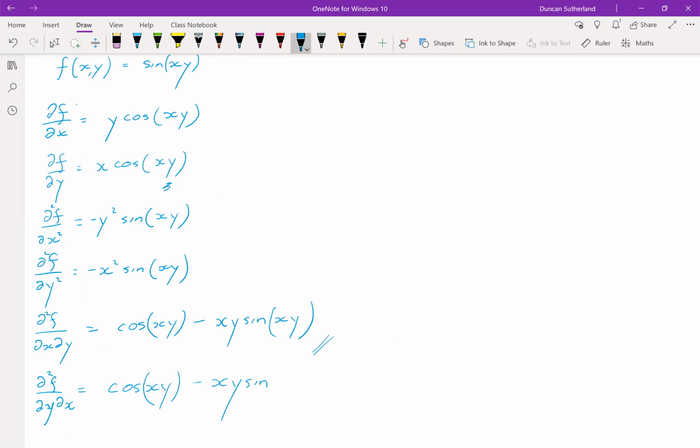Then differentiate the cosine with respect to its argument. And you see that you get the same result as you did above, right? So in almost all cases except pathological cases, the mixed derivatives are the same, it doesn't matter which order you do them in.